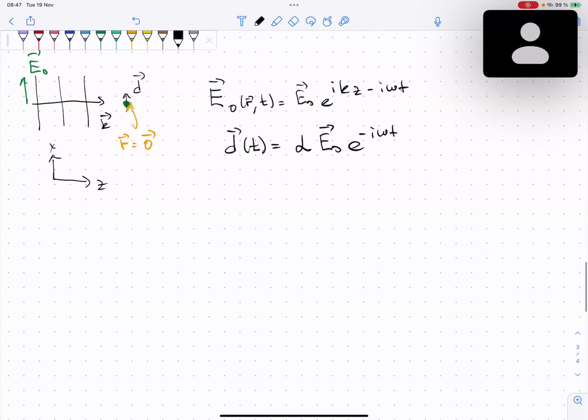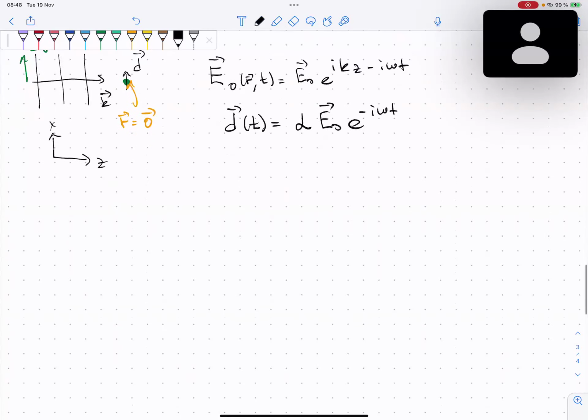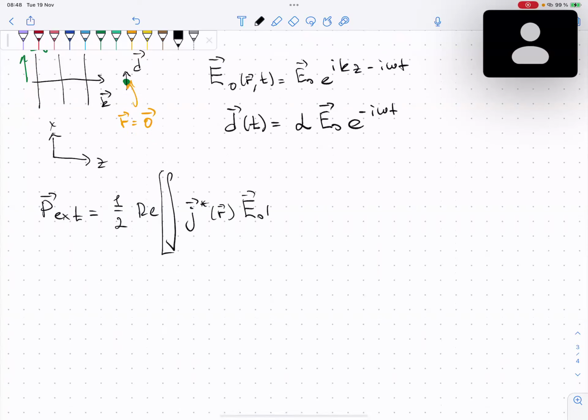If you remember, we had the following equation: we can calculate the extinction cross section as one half real part of the integral of the current inside our particle multiplied by E0 of r over dV, over the particle volume.